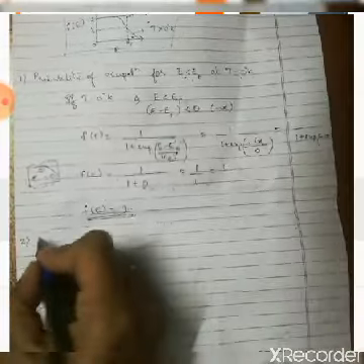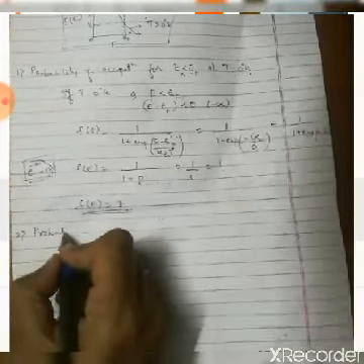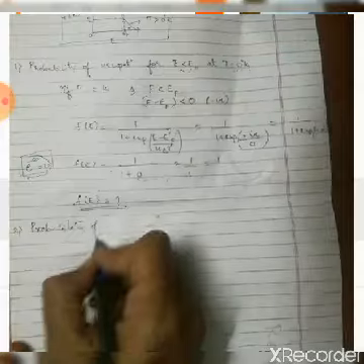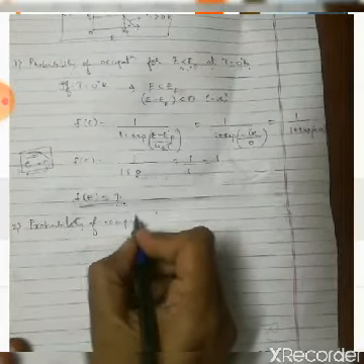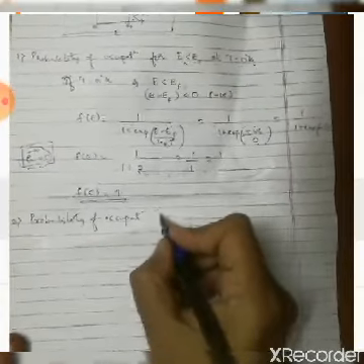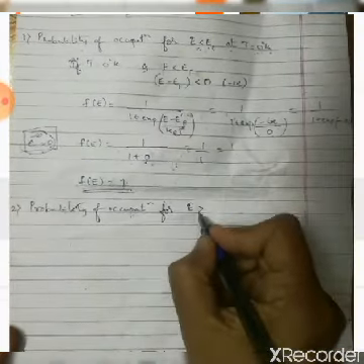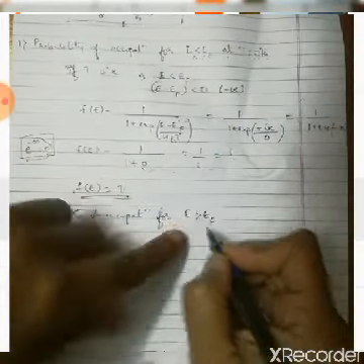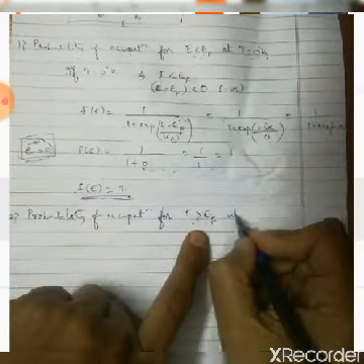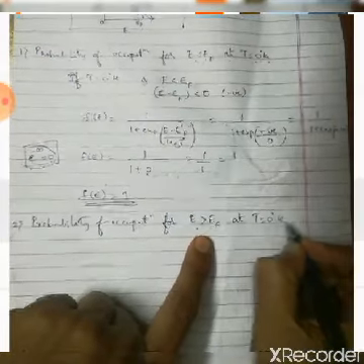So case 2 is the probability of occupation for energies greater than E_F. Here we saw energies less than E_F, so now we will see energies greater than E_F at T equal to 0 degree Kelvin.